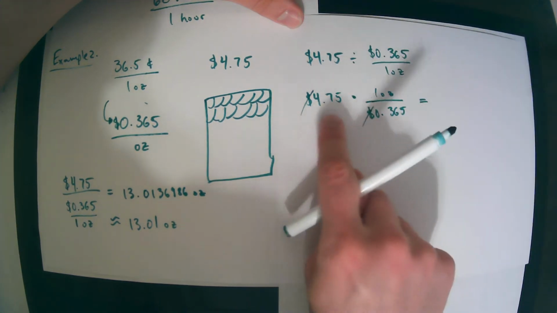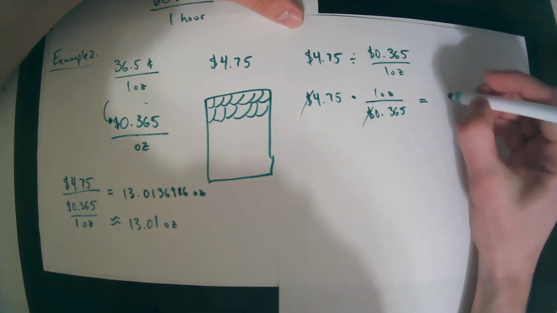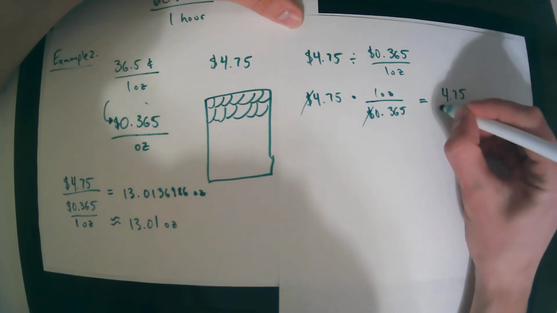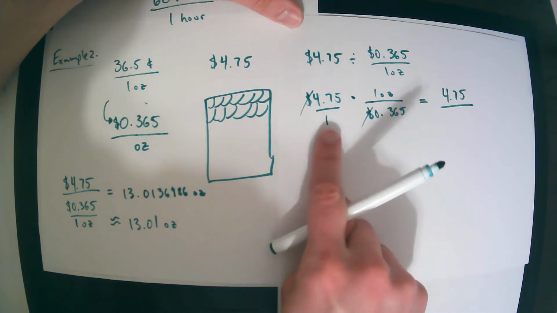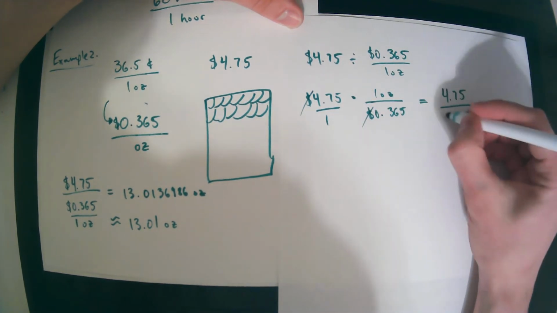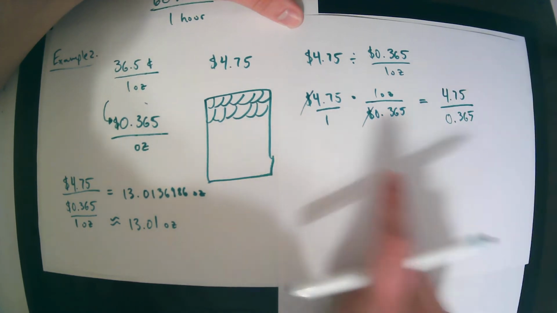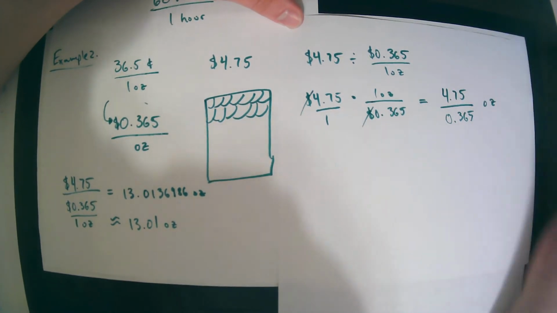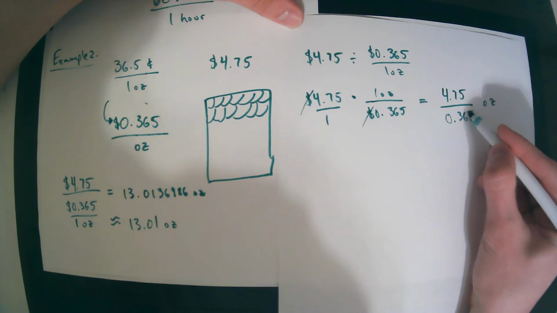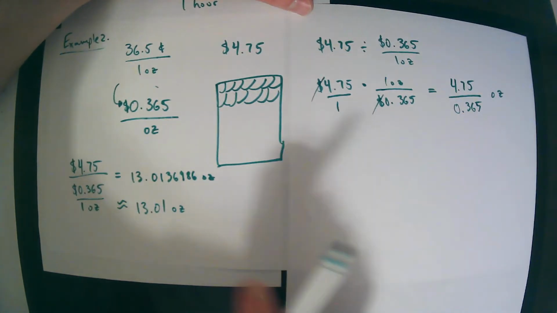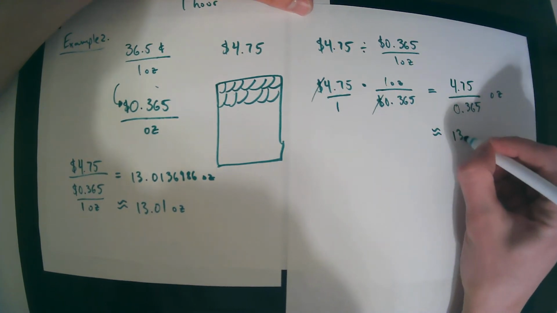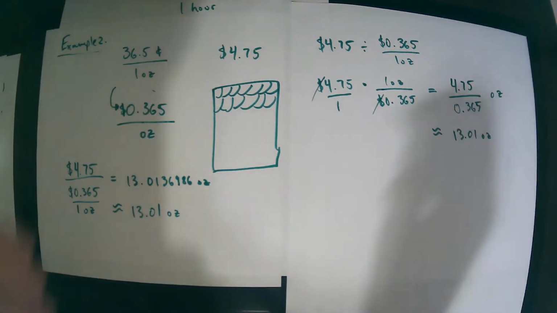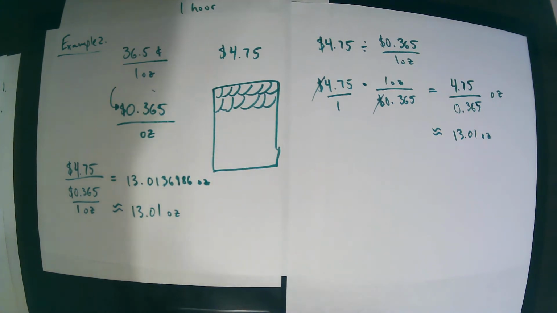And I just end up with 4.75 times 1 ounce over, in the bottom, 1 times 0.365. Technically this is over 1, and the only unit that's left is ounces. Then all that remains is to actually calculate this division, which we already did, and we got the 13.01. So that's how I ended up with the unit of ounces there. All right.